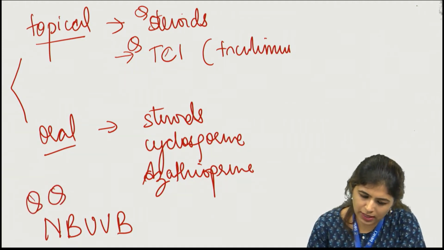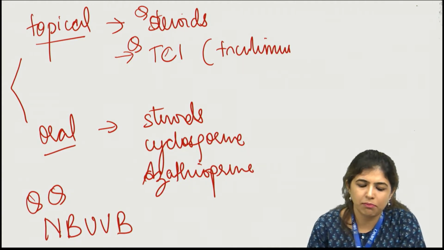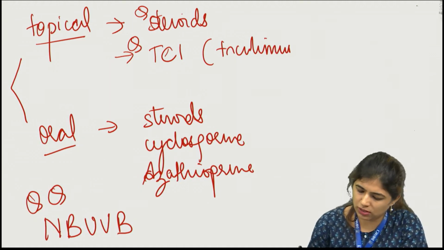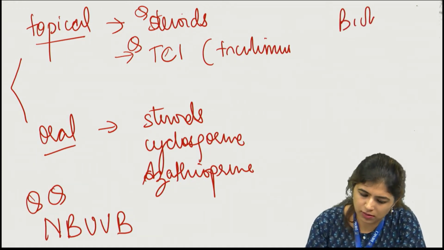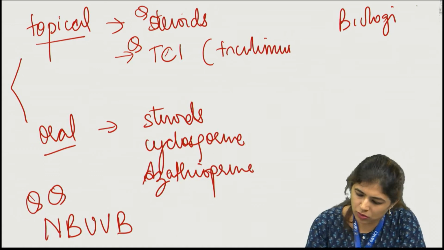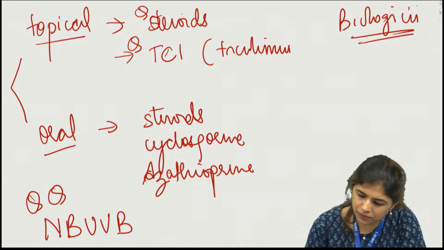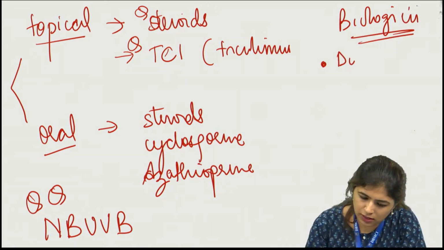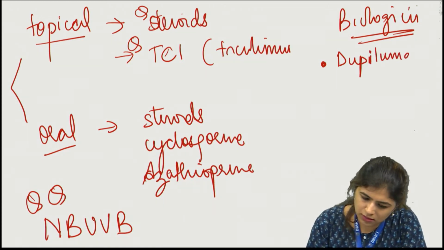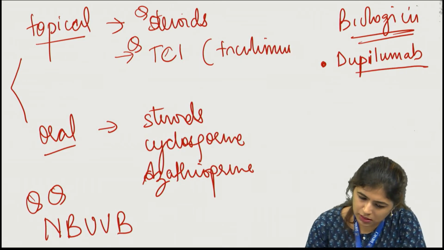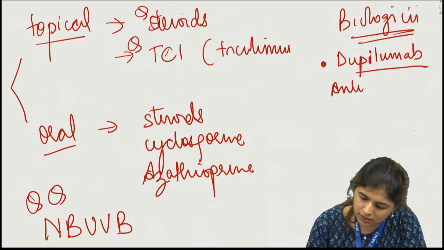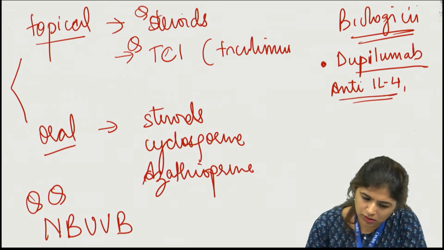Now a new question that can come is: what are the biologics that are used here? Biologics that are used are dupilumab, which is anti-interleukin 4 mainly, that you have to remember.